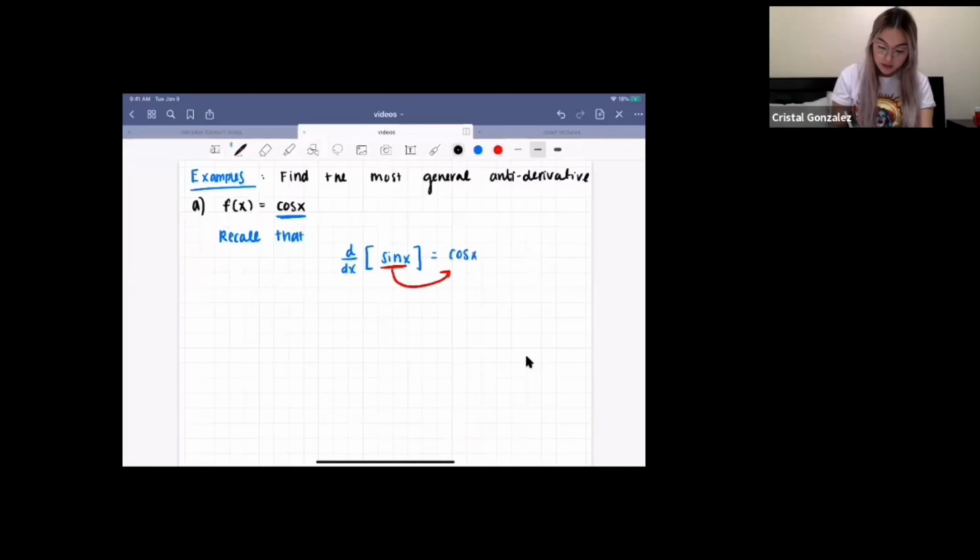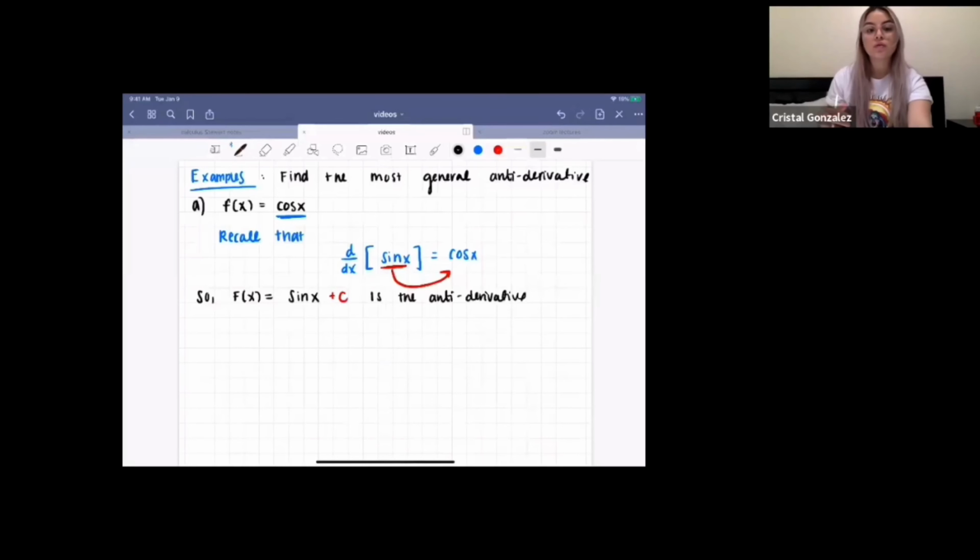So this means that capital F of x is equal to sine x. But we're not done here. Remember that we can't forget the plus C in the antiderivative. Okay, and then I'll write a list of a couple of common antiderivatives that are going to be useful for you to know. So this right here is the antiderivative of f of x equals cosine x.